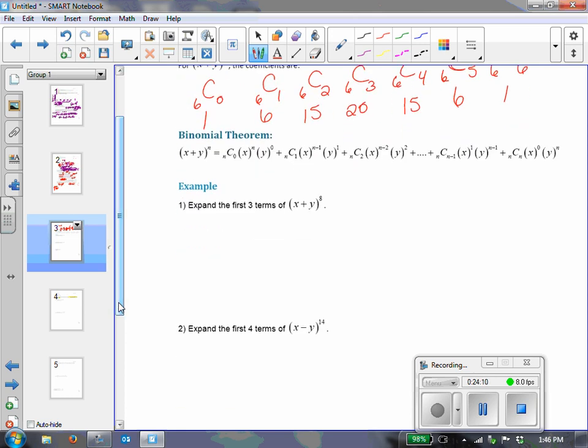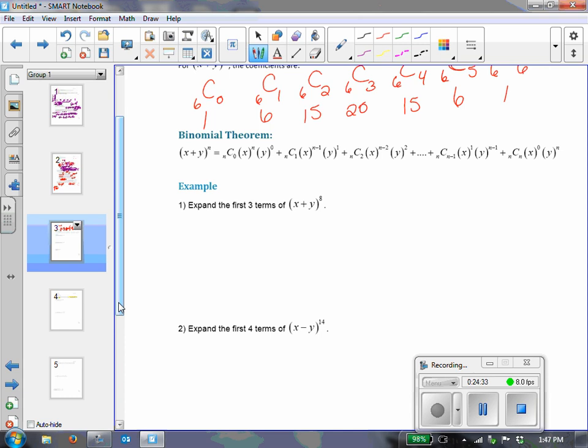Okay, so I'm going to tell you that the binomial theorem is going to ask you to do 2 things. It's going to ask you to expand, so you're going to show me all the terms, or it's going to ask you to find the 15th term in a binomial expansion. Those are the 2 things it's going to ask you to do. So we're going to expand this first. It wants the first 3 terms, and there are no coefficients on it, so it's nice and easy.